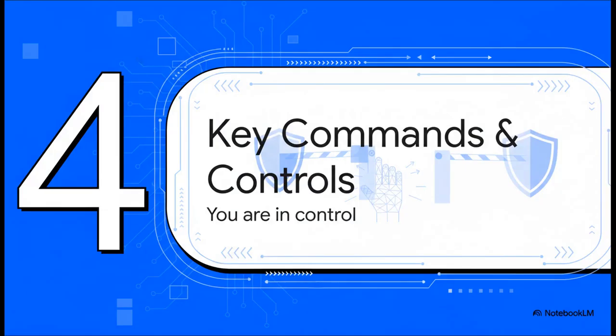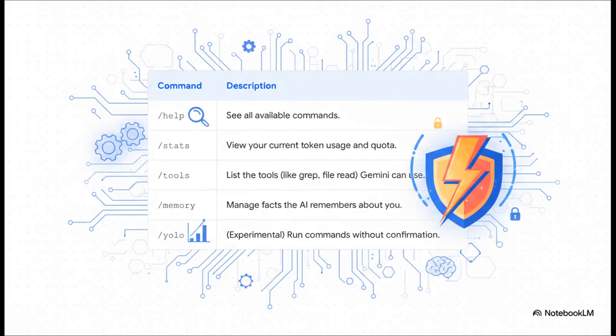So you might be thinking, an AI that can run commands on my machine, is that safe? And that's a fair question, but don't worry, you are always in the driver's seat. The CLI comes with a bunch of simple slash commands that let you manage everything and set clear boundaries for what the AI is allowed to do. And here are some of the most useful ones.